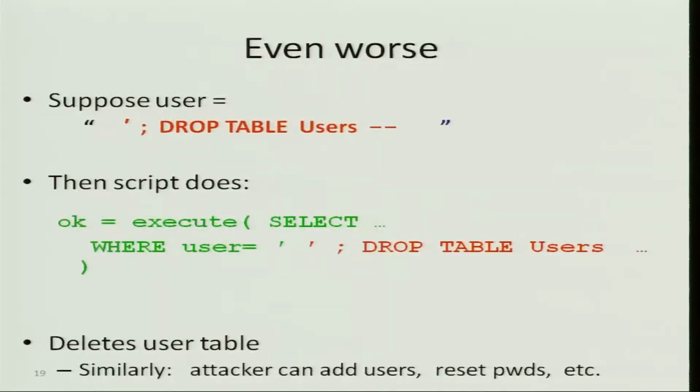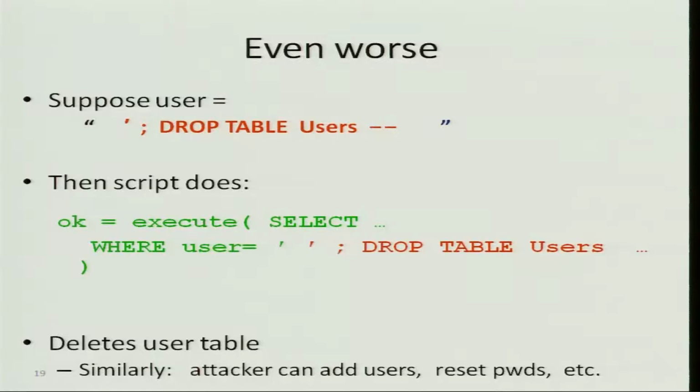Now the attacker could do more harm than just reading your table information like this. They can first do something and then say drop table users, so the users table will be completely removed from the database. That can be really bad. They can also execute a query that changes an entry, so they can change the password if it is being stored there, and so on.